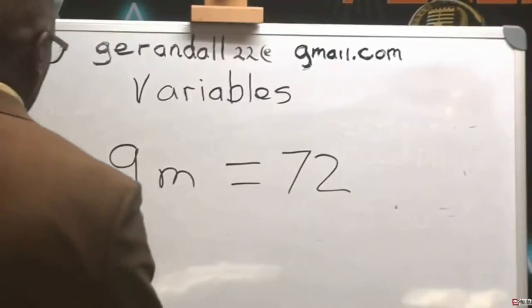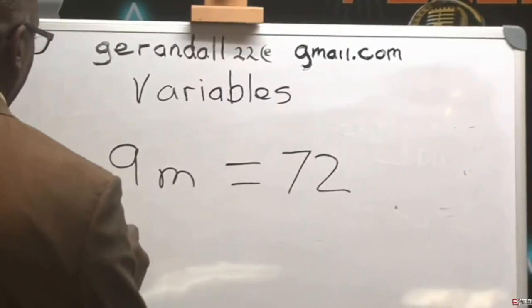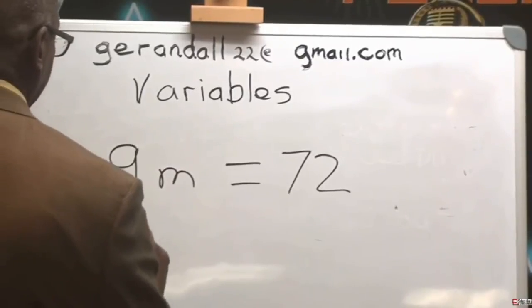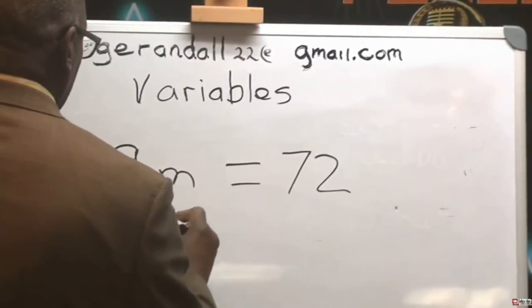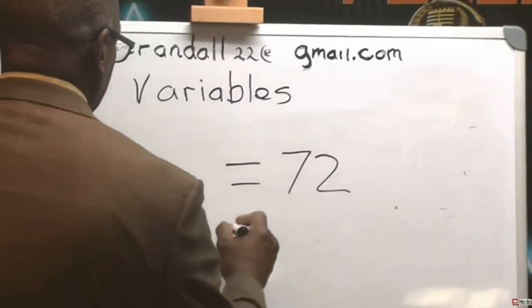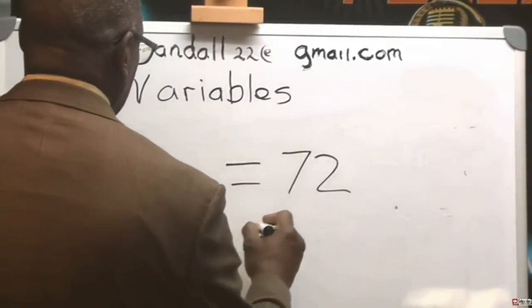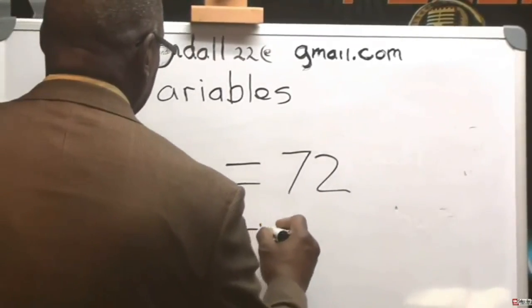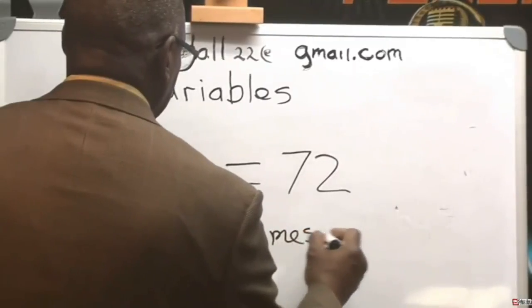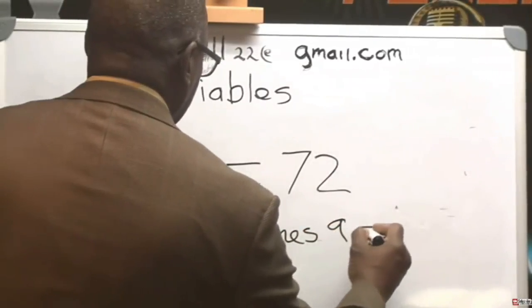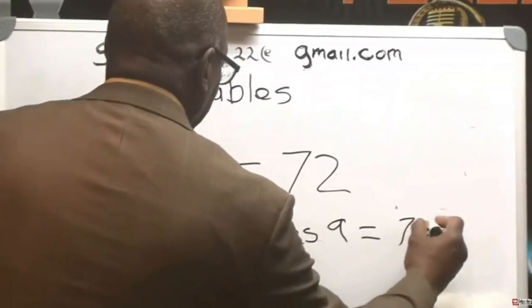So again, in this case, a number times 9 equals 72.